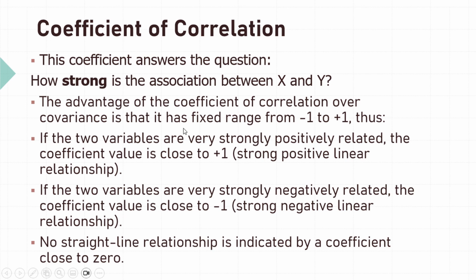Thus, if the two variables are very strongly positively related, the coefficient value is close to +1, showing a strong positive linear relationship. If the two variables are very strongly negatively related, then the coefficient value is close to -1, that is, a strong negative linear relationship, and no straight line relationship is indicated by a coefficient close to 0.